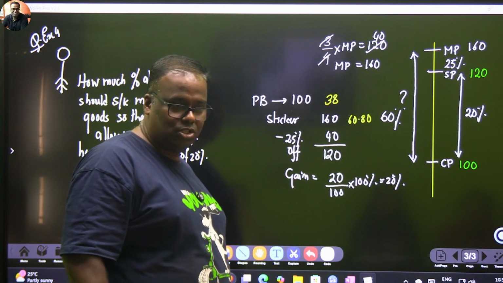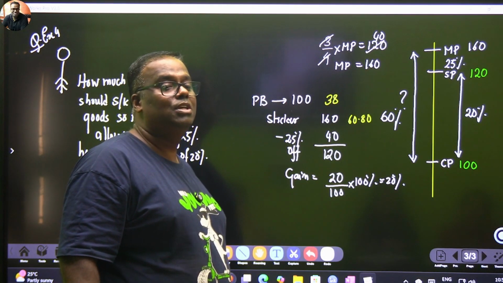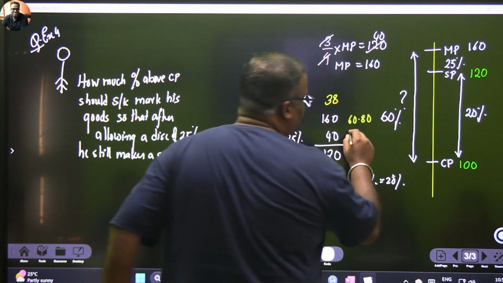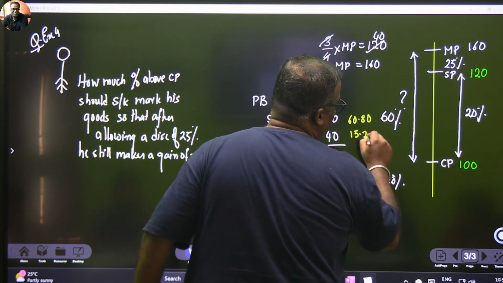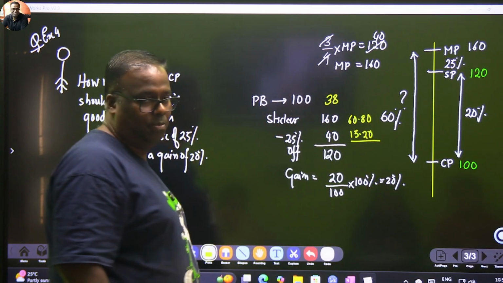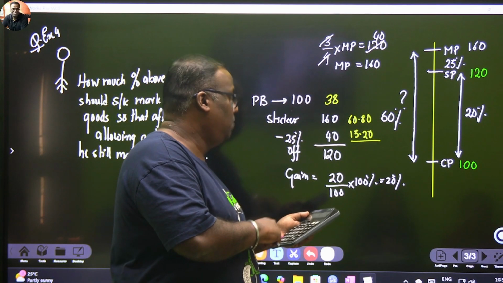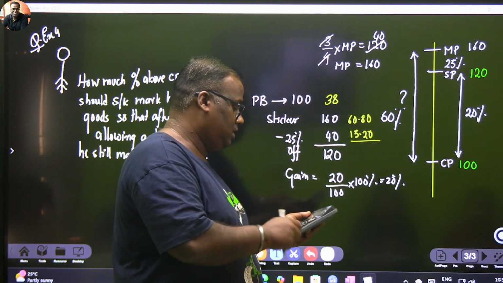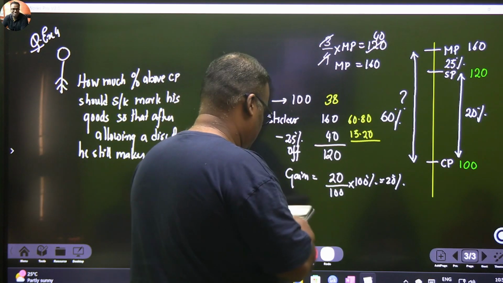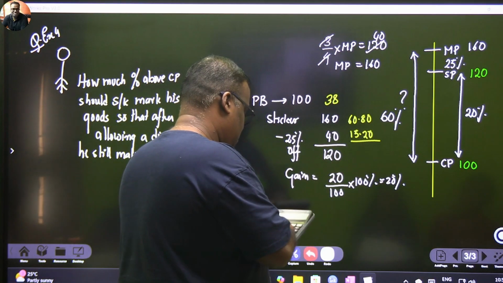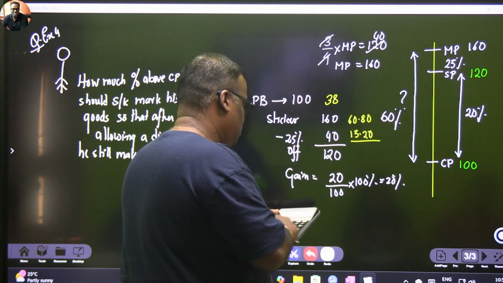Abhigya comes to my store. I should give her how much? 25%. So I divide it by 4, which is 15 rupees 20 paisa, the discount that I am giving Abhigya. So finally, 60.8 minus 15.2.